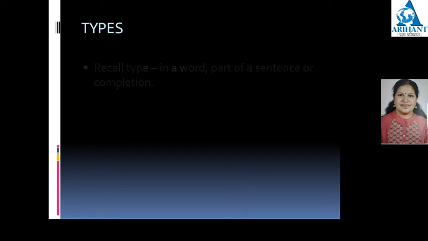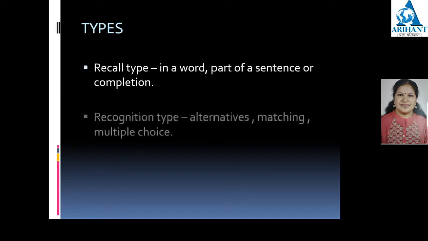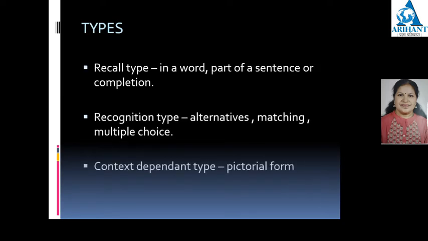The answer is in a word, in a number, or in a part of a sentence. There are three different types of objective type test items. First is recall type, second is recognition type, and the third one is context dependent type. In the recall type test, the answer will be in a word, in a part of a sentence, or we can take completion items here.